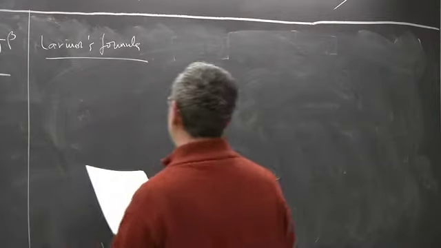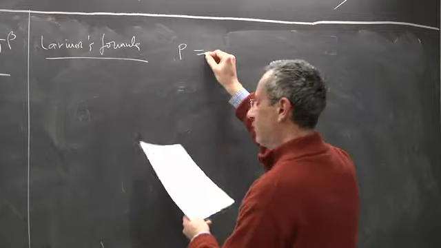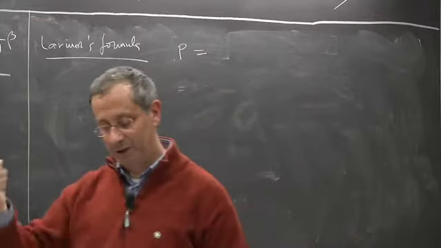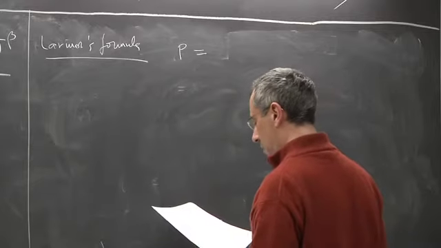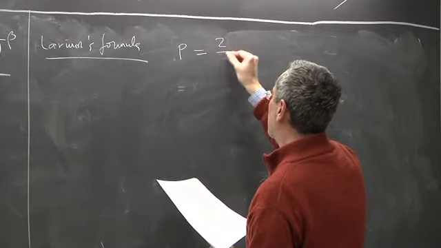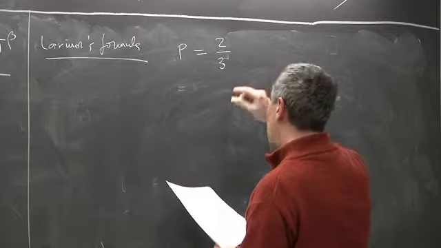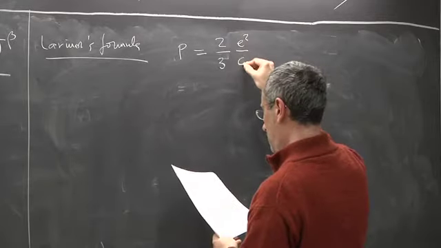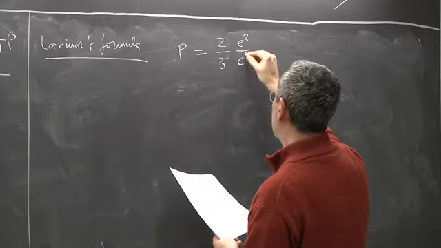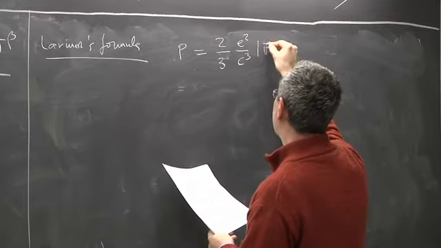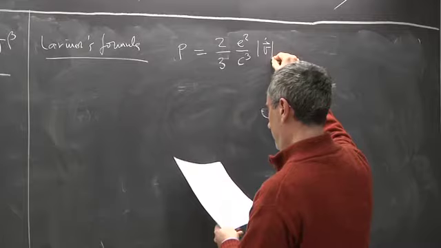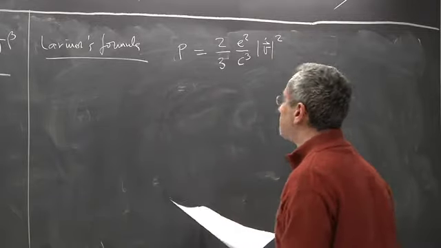So we derived this formula that for an accelerating charge, the power emitted by electromagnetic radiation was e squared, with c equal to 1, but now I have it, times the acceleration squared.